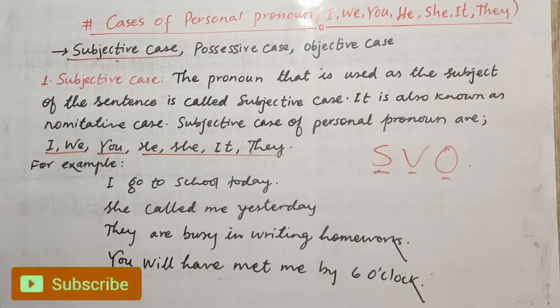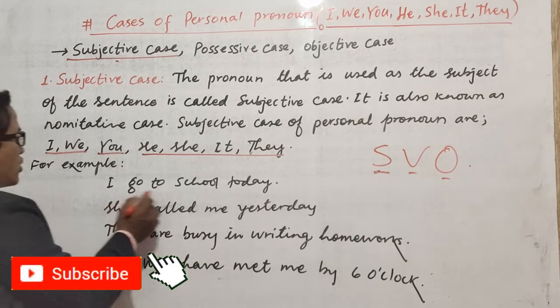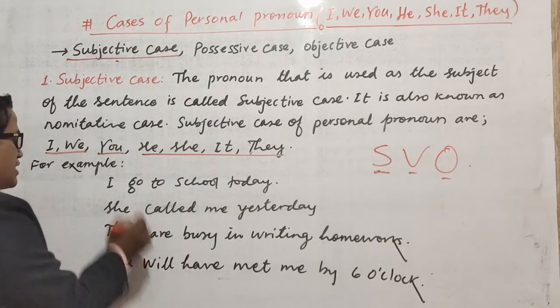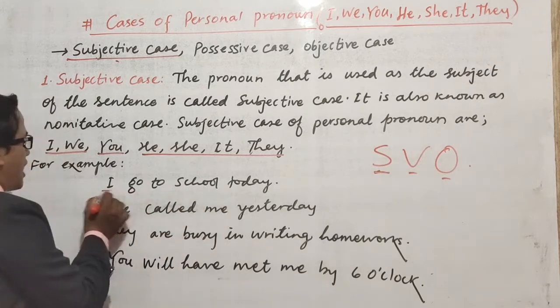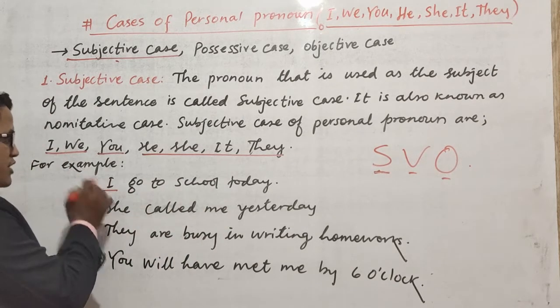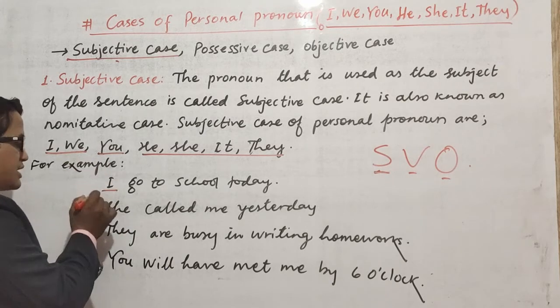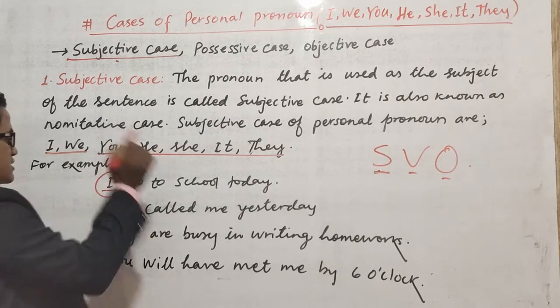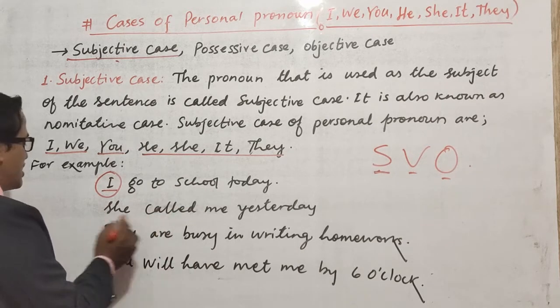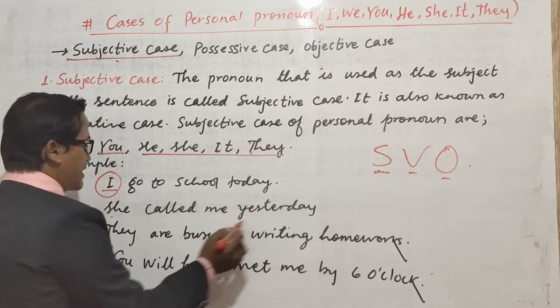Let's take some examples here. I go to school today. Here in the sentence, I is used as a subject. This is a personal pronoun but used as subject, and this is called subjunctive case. Similarly, you can see here, she called me yesterday.